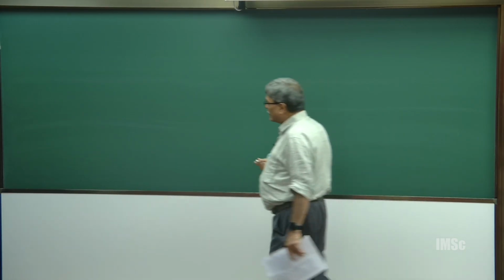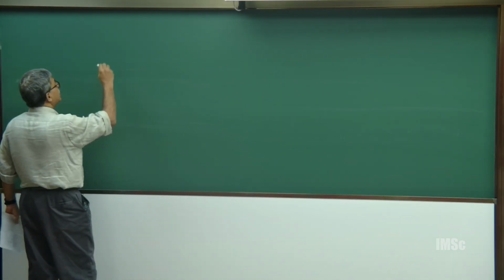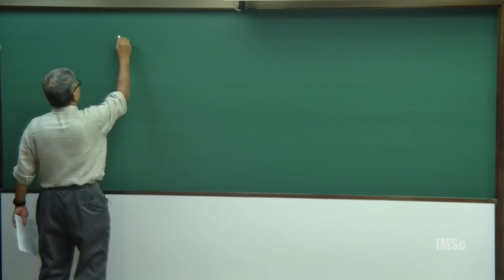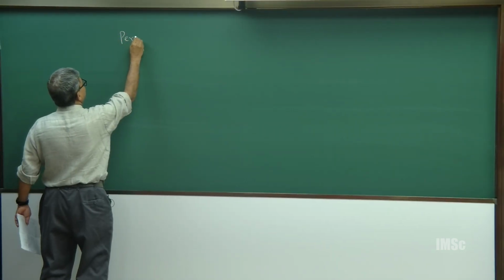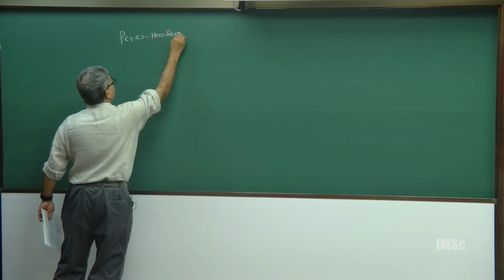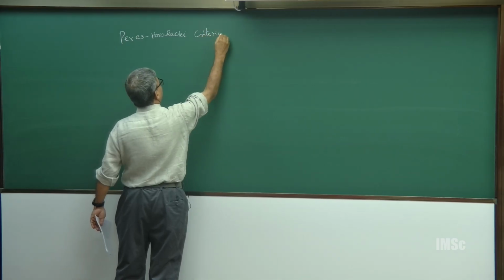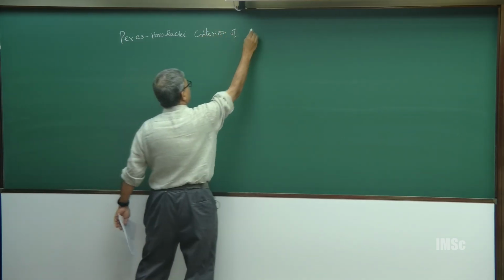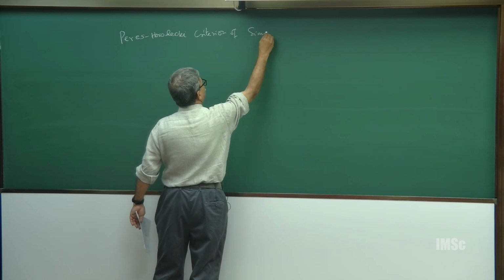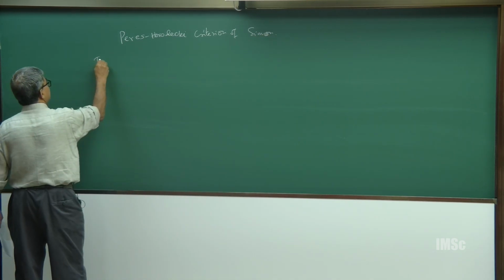So what we discussed last class is Simon's Peres-Horodecki criterion, which was for a two mode Gaussian state.